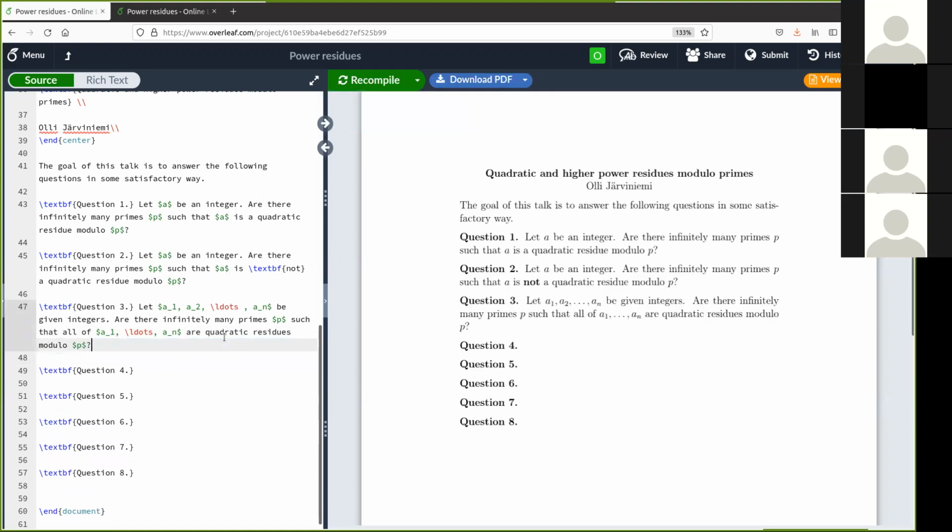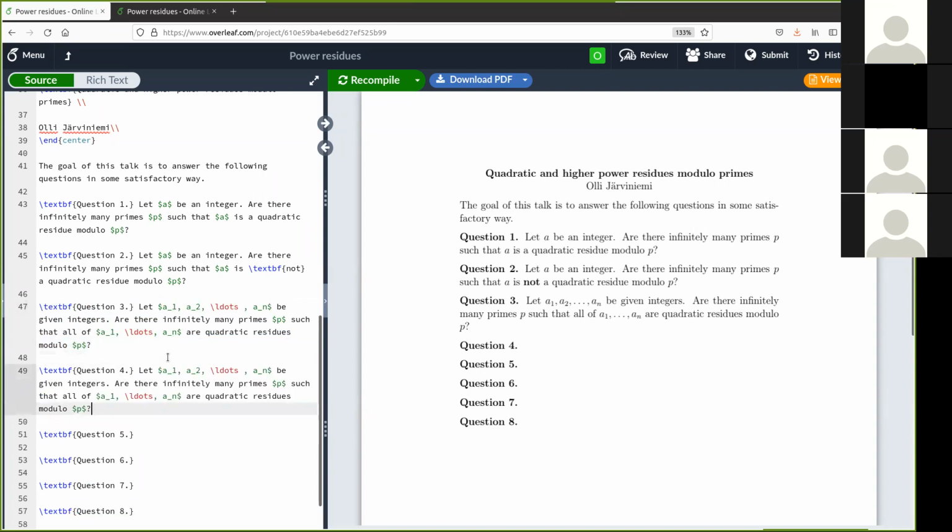Then we'll move on from the first two questions to some multivariate variants. We take any given n integers and wonder if there are infinitely many primes such that all of the integers are simultaneously quadratic residues modulo p. And of course we have the following variant as well.